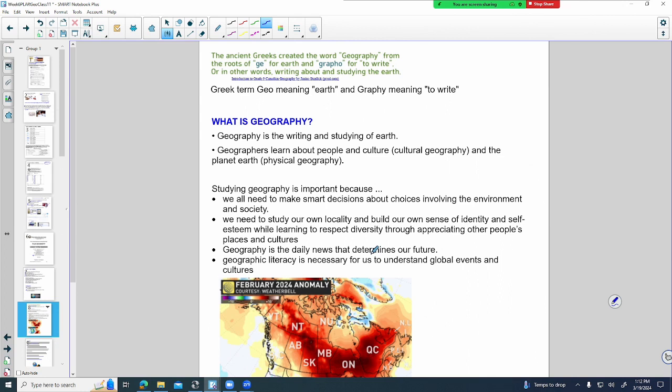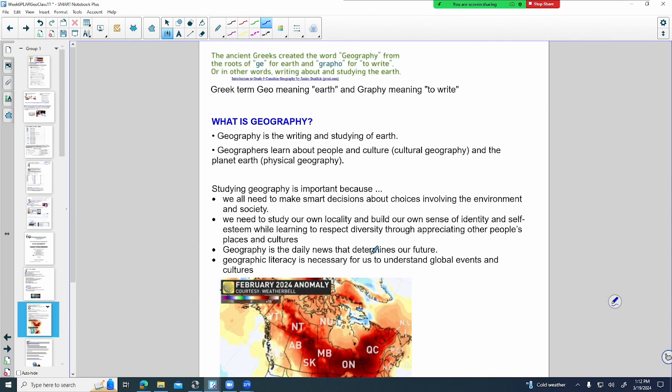So if you're following along, you can turn to page 4. So these lessons will focus on the main concepts of geographical thinking, as well as some significant aspects of human and physical geography in Canada.